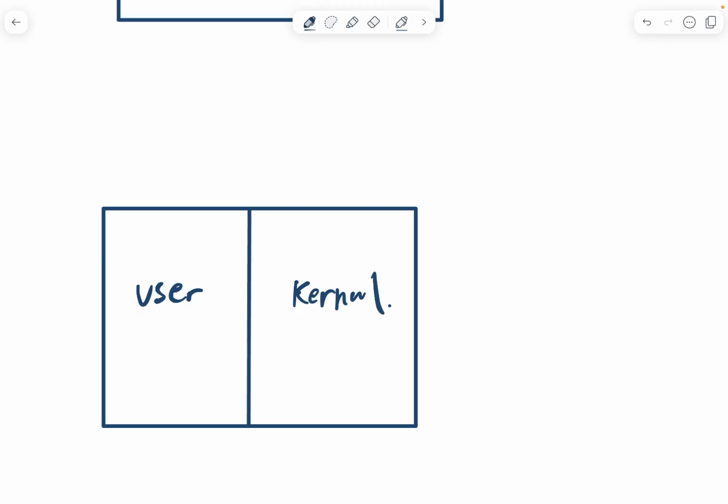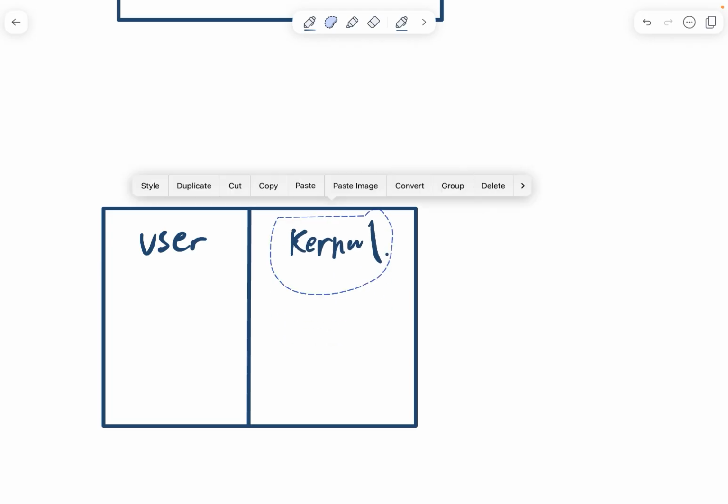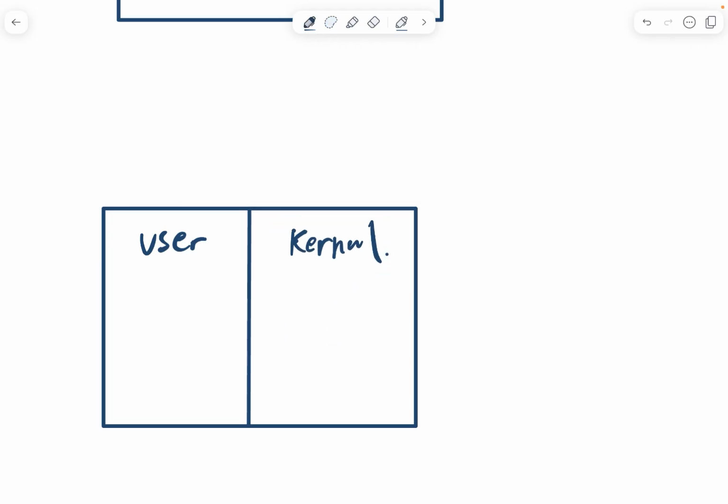For the sensitive applications as well as the important applications, just like system processes, they must be running in the kernel state. And the normal applications will be run in the user state.